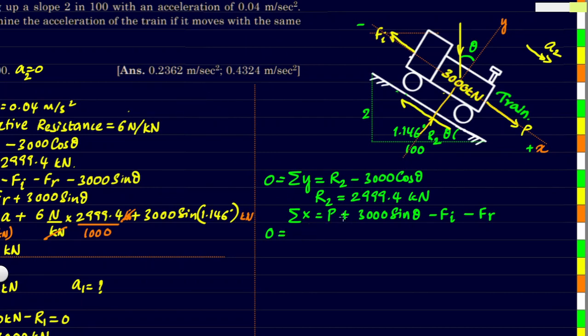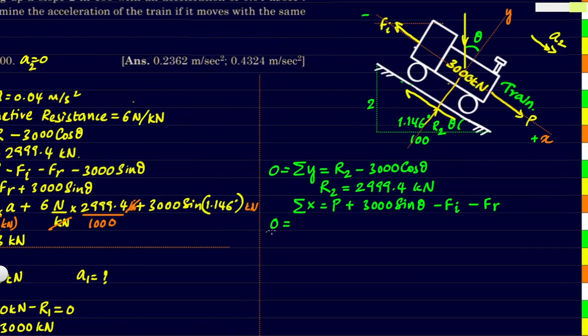Now let's find the force P. The force P is same as before, which is 90.23. So let us substitute that 90.23 in kilonewtons plus 3000 kilonewtons into sine of angle, which is 1.146 degrees, minus Fi, which will be 3000 kilonewtons by g into the acceleration, in this case A2.